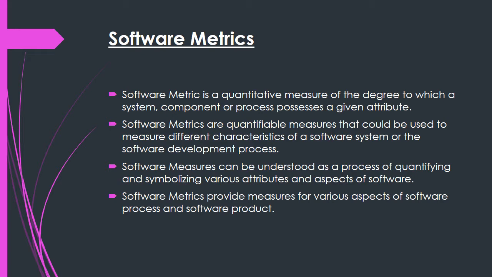And apart from only providing the measurement about various properties or attributes, it also helps to improve the overall process of the development of software and its products, and it also helps in improving all aspects of the management of that particular process. So therefore we use the software metrics during the development of design, and it provides all the quantitative checks, all the qualitative checks on the software design.